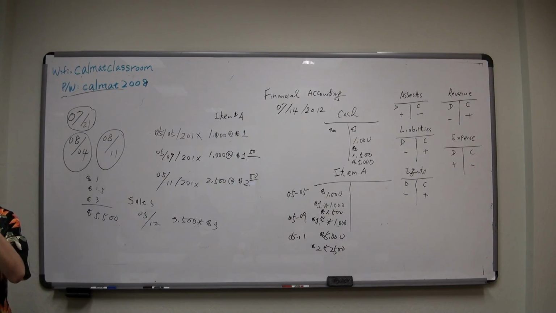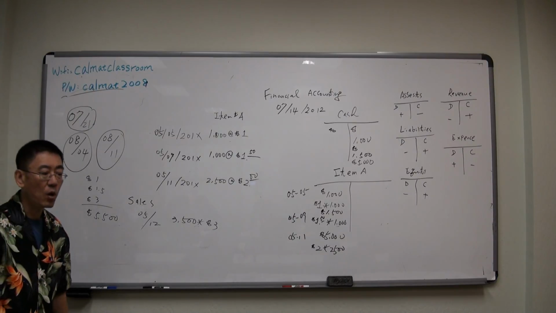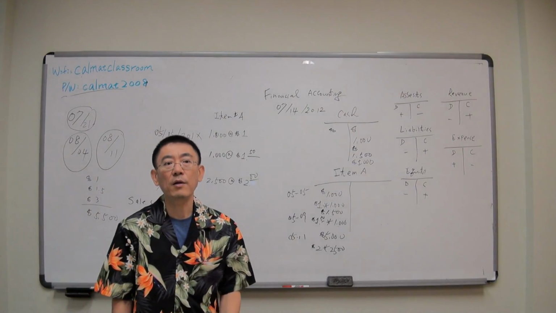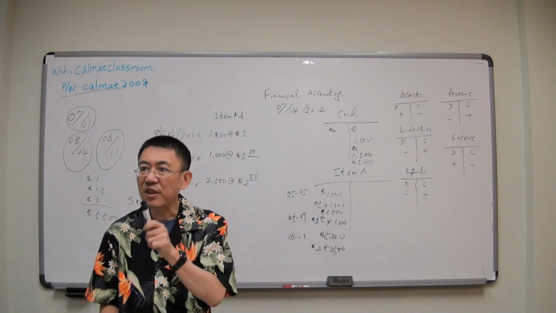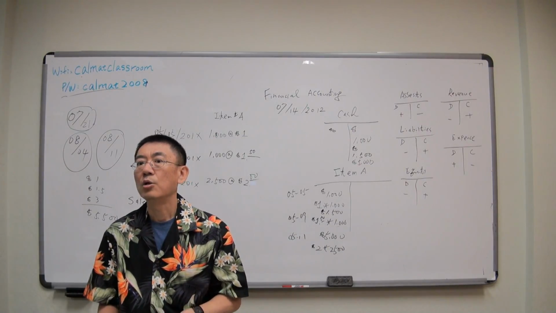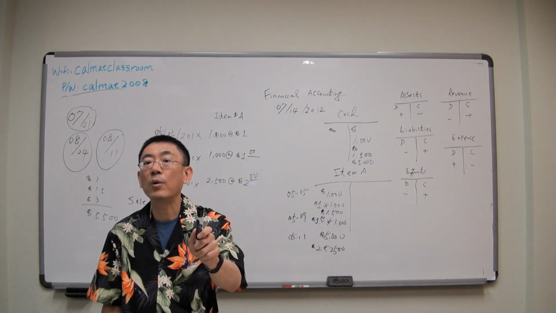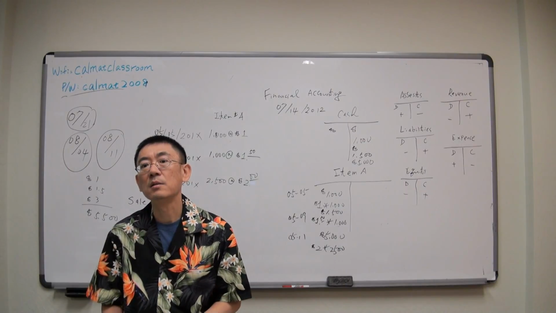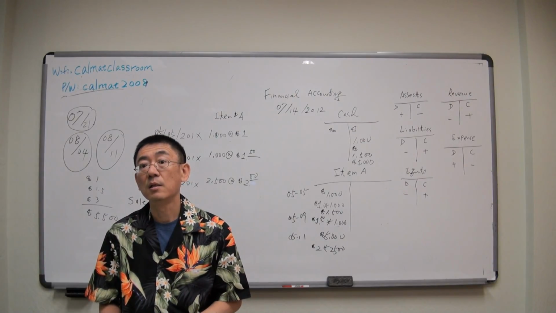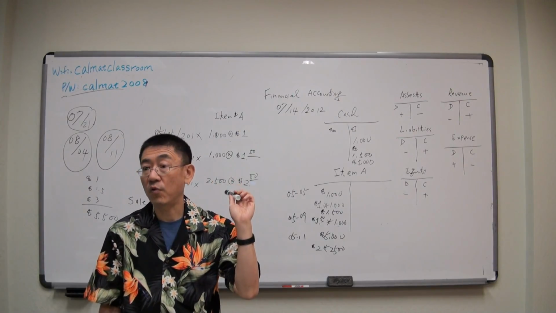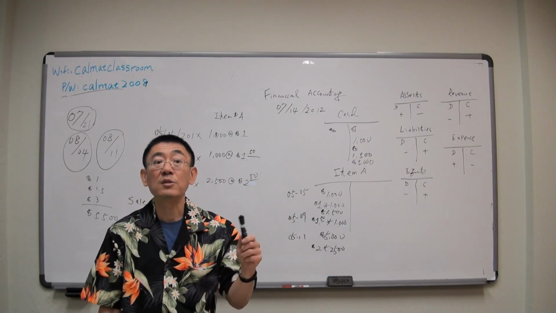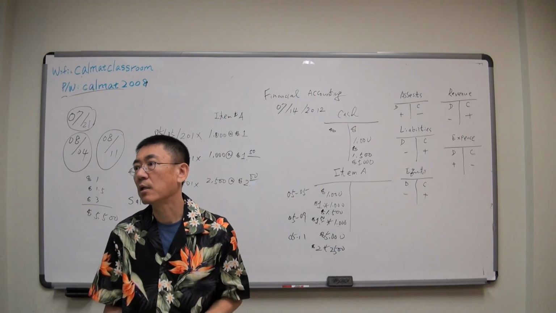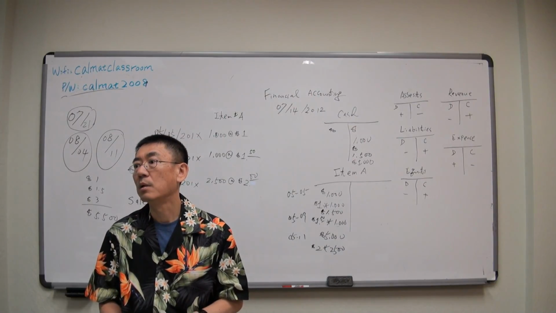You need to pick the same method, either FIFO or LIFO, and apply it all the way to item A. But the funny thing is, you can pick totally different methods for different items. Understand? Say you use FIFO for item A, you use LIFO for item B, you use the average for anything else. It's allowable.